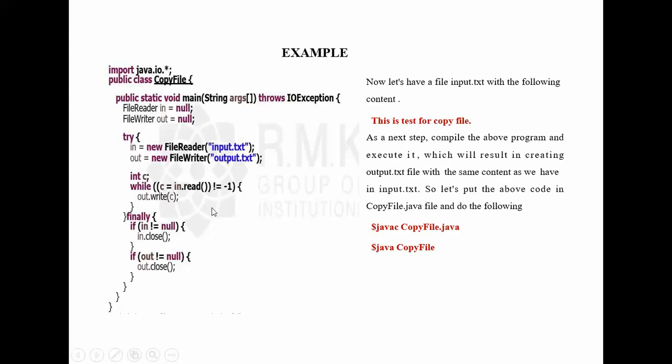Before that, initially we check the condition whether the file is empty or not. If the file is not empty, we are going to write the contents to the file. After completing read and write operations, we have to close the in read file and the write file. So close is the method we use in file handling mechanisms after completing the operations.